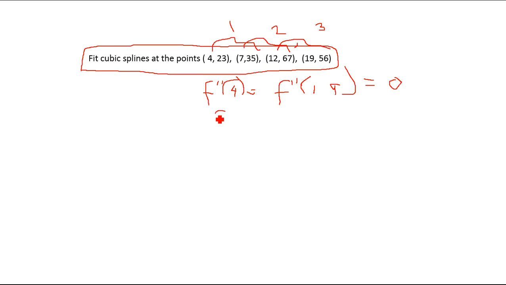Okay, so you're looking for f double prime of 7 and f double prime of 12. Second derivatives. Okay, so as you can use the spline formulas.